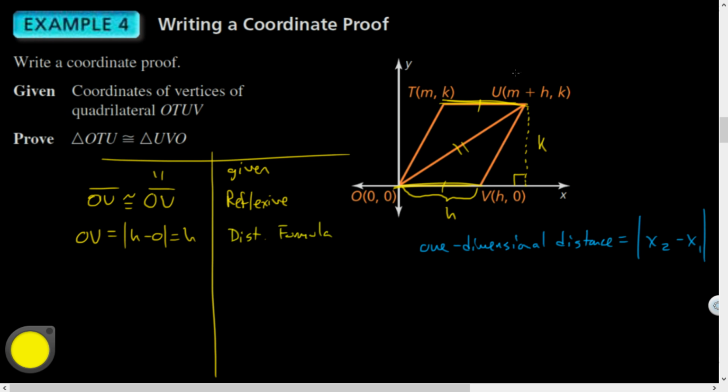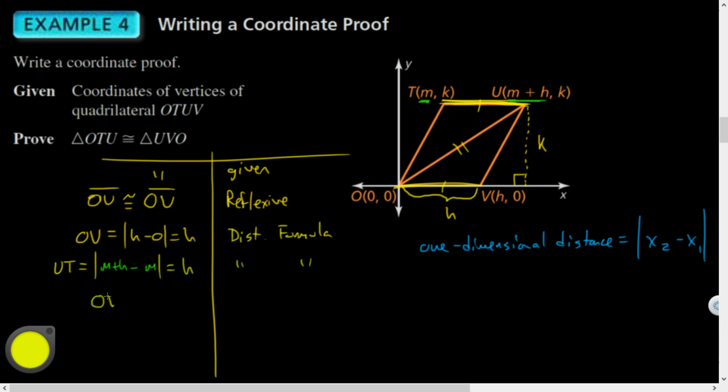Does anyone know how I could find the distance from T to U? That would be the absolute value of the difference of its x coordinates. So I'm going to have m plus h minus m. What happens when I subtract those m's? H. It's just going to equal h again, also true by the distance formula.